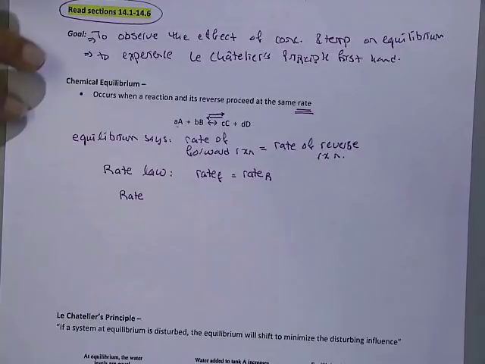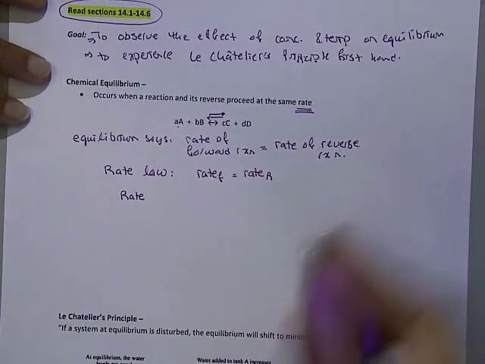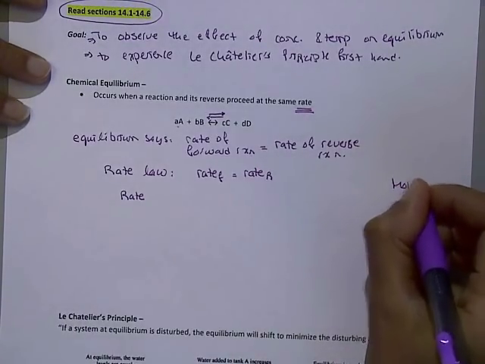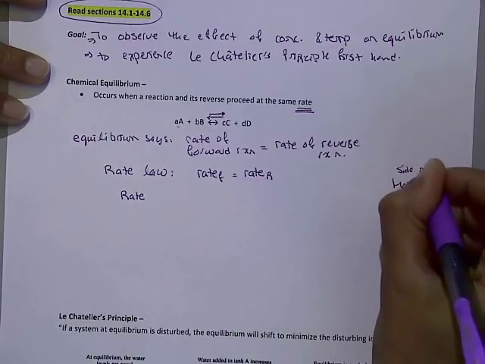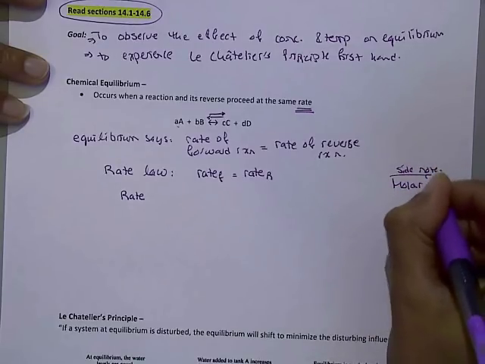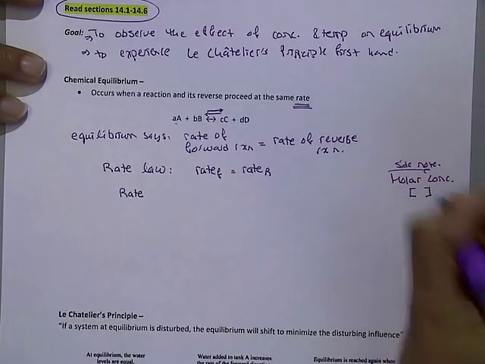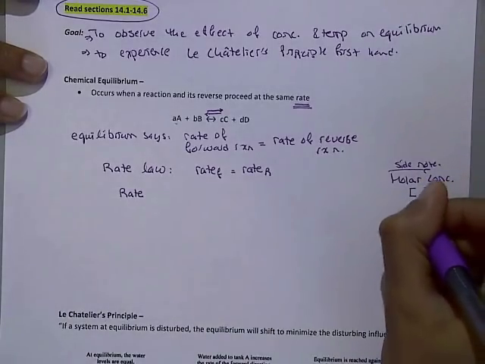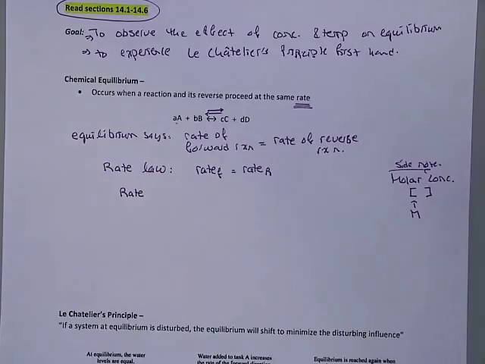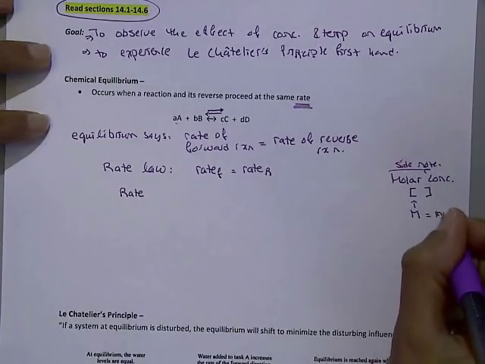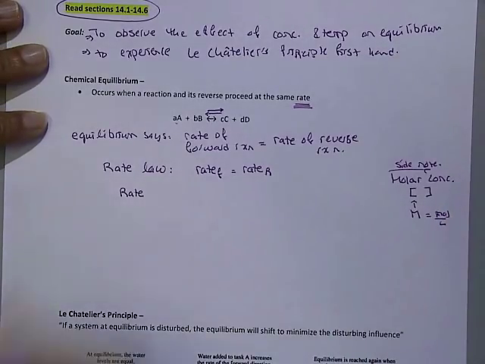Your rate law is always written in molar concentration. So as a side note, we always use molar concentration when writing the rate law, and we depict it in a rate law using brackets. So whenever you see brackets, that means we're talking about molarity. And remember, molarity is moles over liter. So keep that in mind.